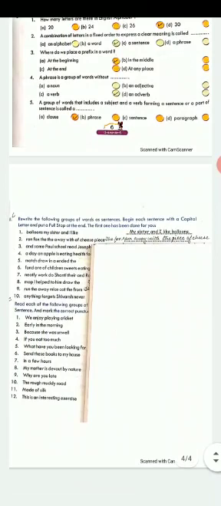Now, on the third page you have certain sentences where you have to rewrite them, and there are certain punctuation mistakes also. Like in every sentence, if you see, there is no capital letter. Although the rules of grammar say that every sentence should start with a capital letter.